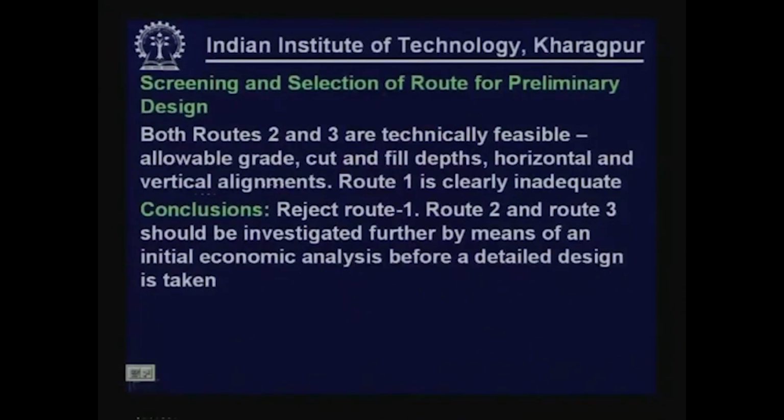As I indicated earlier, once you have identified technically feasible routes, we have to go for further investigation by means of an initial economic analysis and also environmental studies, to take the best out of these two for detail engineering or preparation of the DPR. So, at this stage we reject route 1 and take both route 2 and route 3 for further investigation.